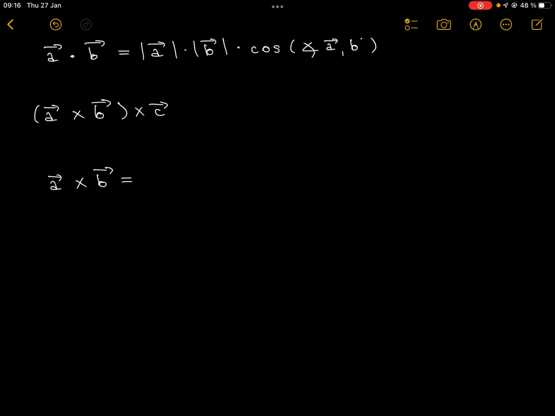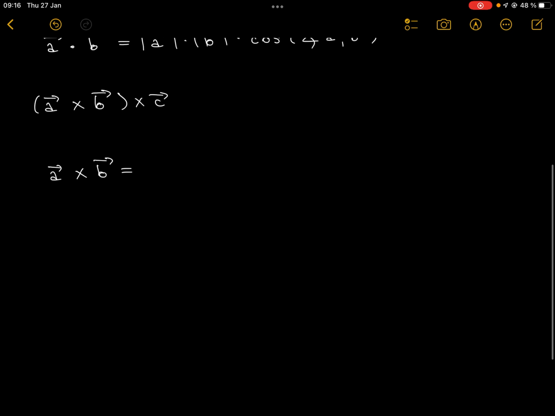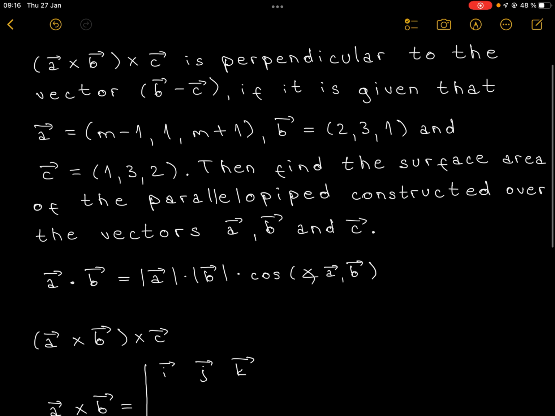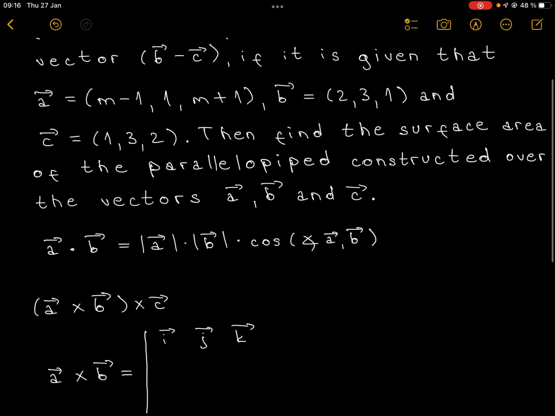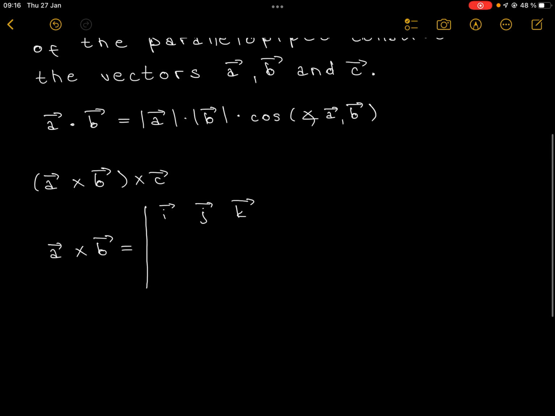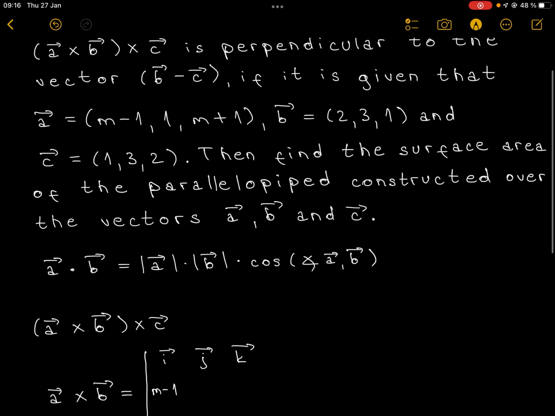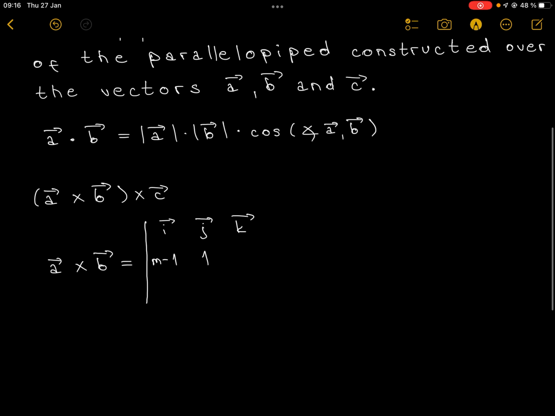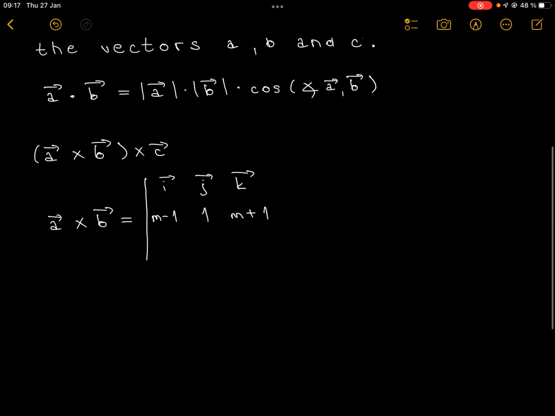So that's the same as the matrix of i, j, and k, which are, of course, the unit vectors in the directions of the x, y, and z axes. Then we'll just put in the coordinates of our vectors a and b. So here we're going to have m minus 1, 1, and m plus 1. And in the bottom row, we're going to have 2, 3, and 1.